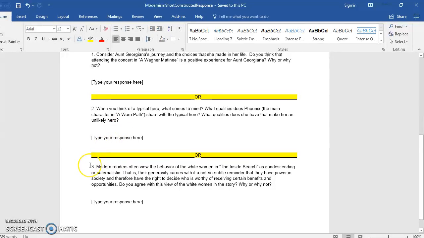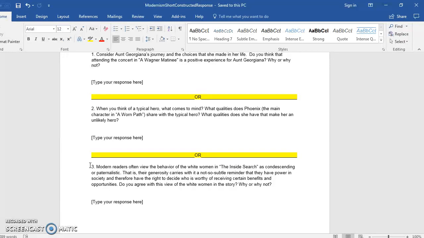And then this last one is related to The Inside Search. The Inside Search is a chapter from a larger autobiography. In the chapter, there are some white women who are helping out our character, Zora Neale Hurston, who is the writer. It's her autobiography.